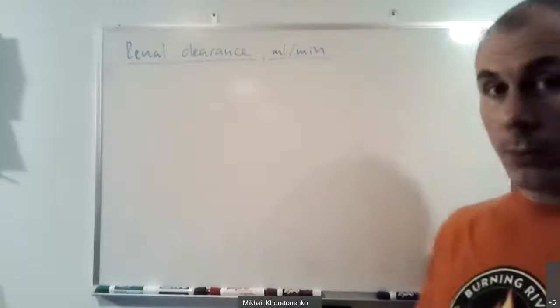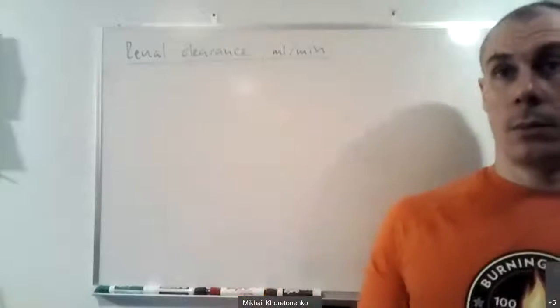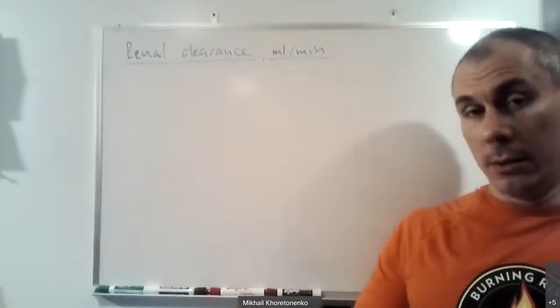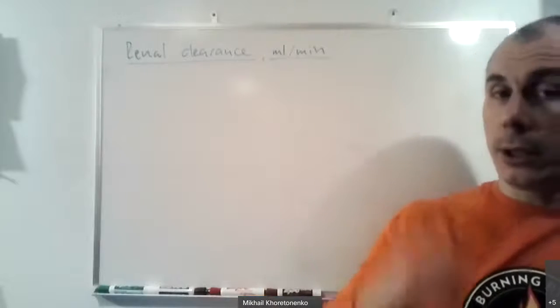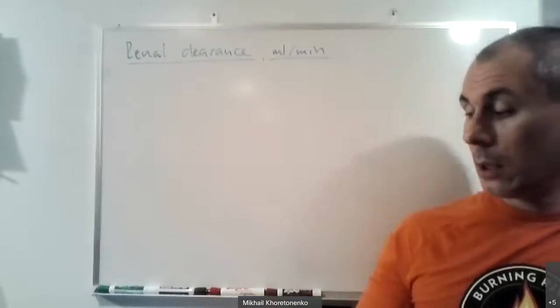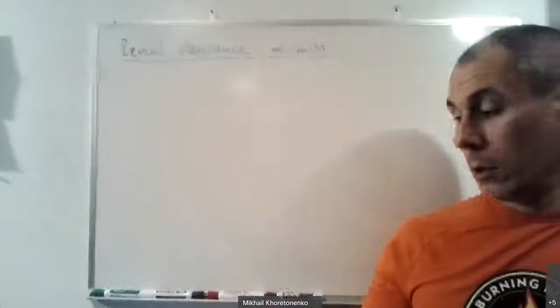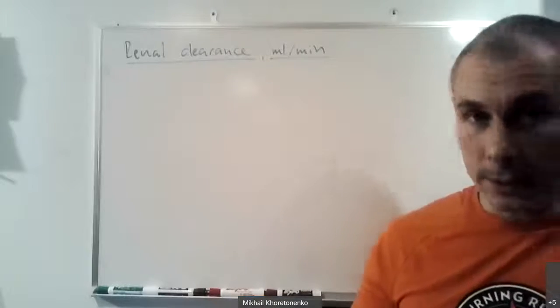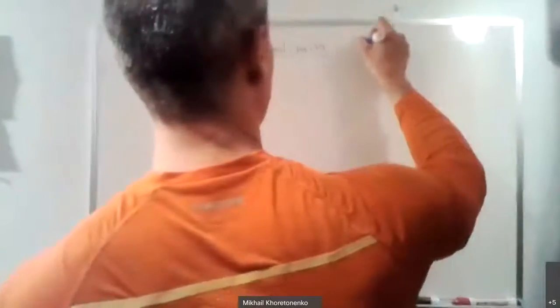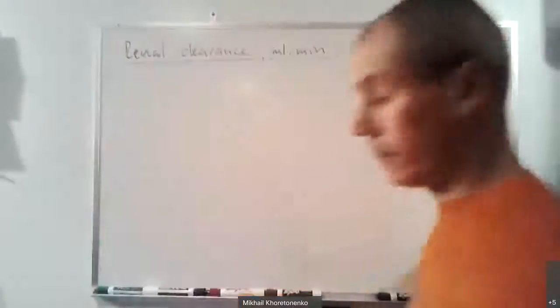Basically, it tells you the volume of blood that is cleared of the particular chemical in 1 minute. And we always compare renal clearance to the GFR. So let me explain. First, let's call it renal clearance, just RC for brevity, okay?